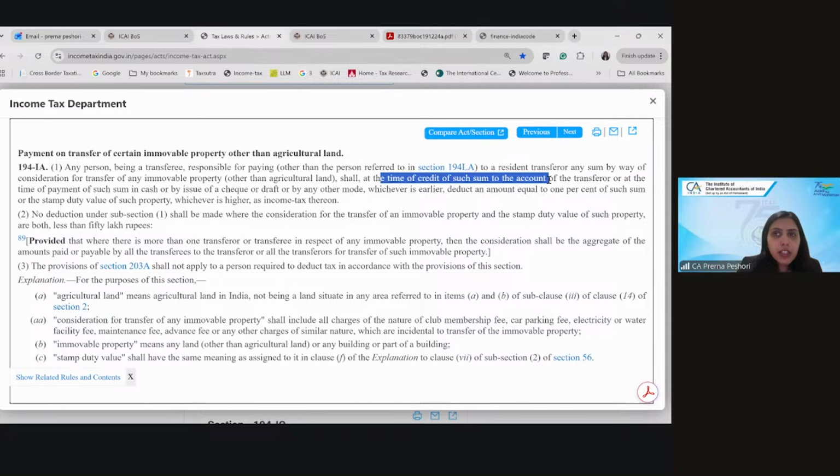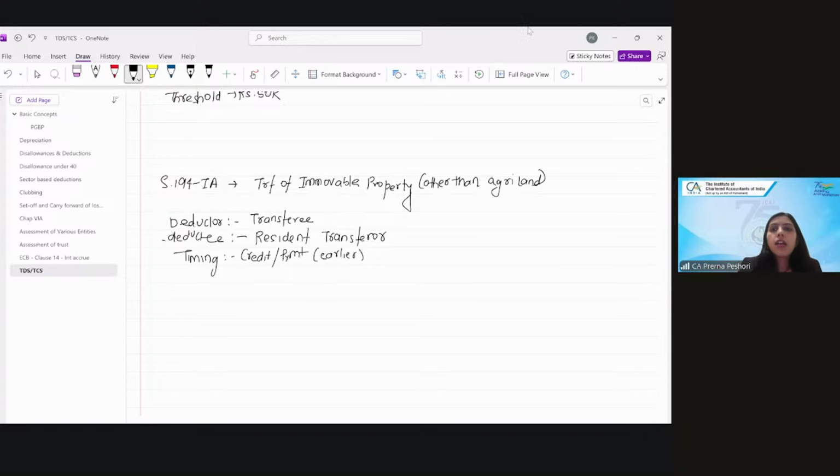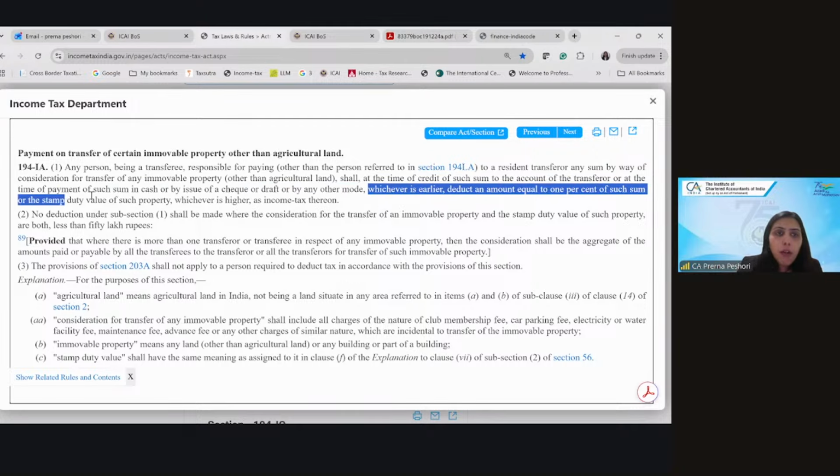Any sum by way of consideration for the transfer of immovable property other than agricultural land shall, at the time of credit to the account of the transferor or at the time of payment, whichever is earlier, deduct an amount equal to 1% of the sum or the stamp duty value of such property, whichever is higher.